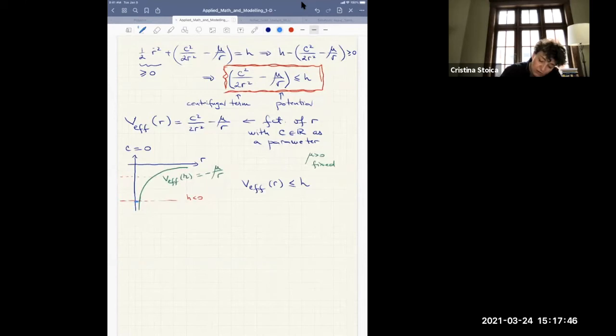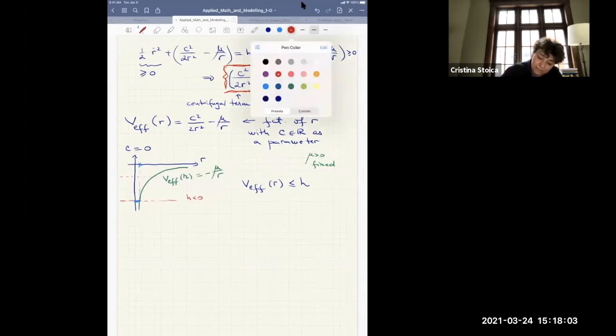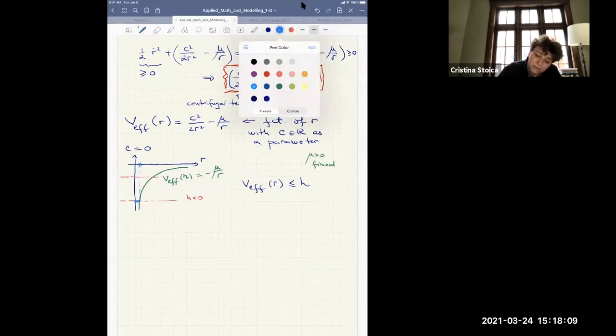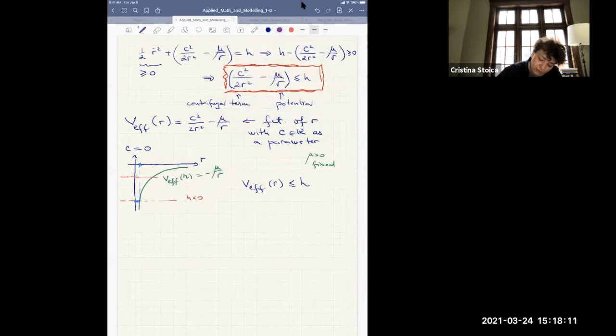So it's really close to R equals 0. In other words, my object will have a maximum distance from the center of the Earth. If I'm a little bit up with the energy, what is the range of motion? It will be just this bit.